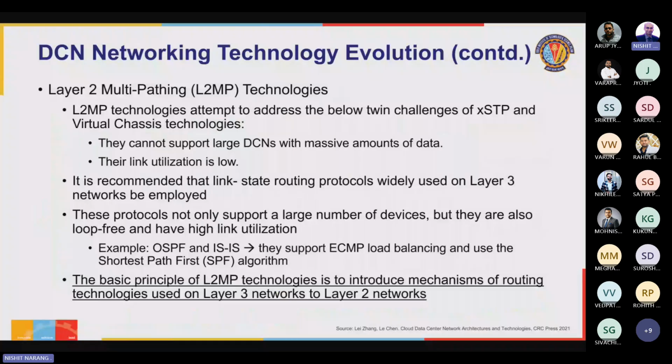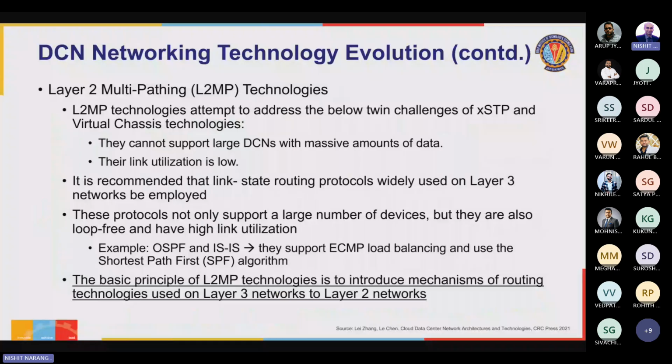So when I discussed self-learning in one of the earlier classes, I said self-learning switches learn which node is reachable via which port, and then they keep populating their switching tables. But if I don't want self-learning because it relies on broadcast, I need something similar to what routers have at layer 3, which is what? A routing protocol.